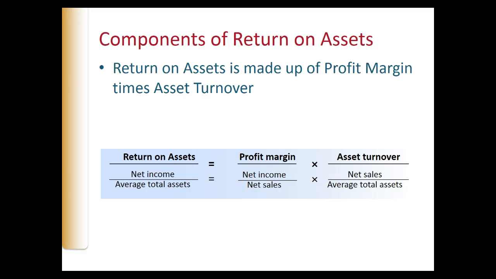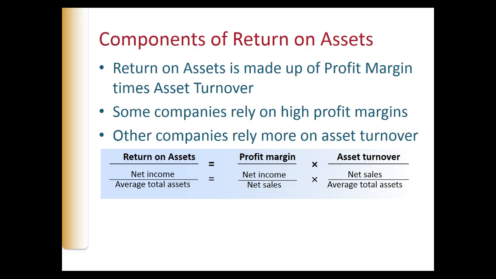Investors are especially interested in companies that can obtain both high profit margin and high asset turnover. So, for example, Apple introduced several popular products such as the iPhone and the Apple Watch that generate both a high profit margin and a high asset turnover for the company.